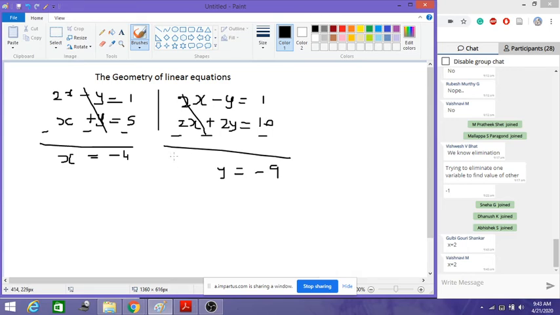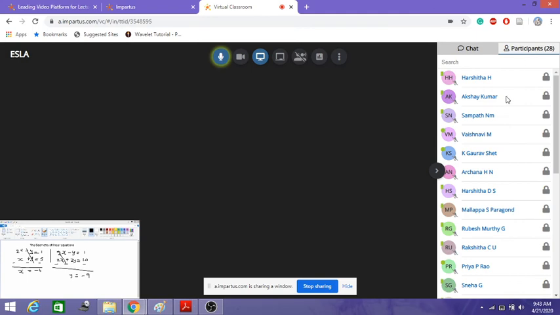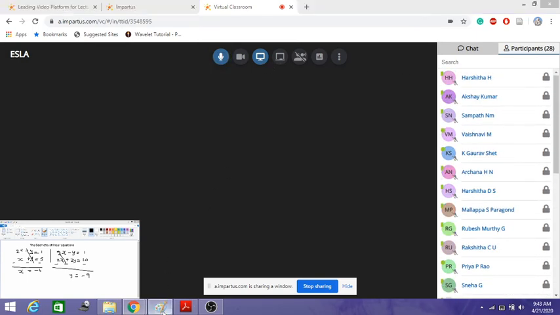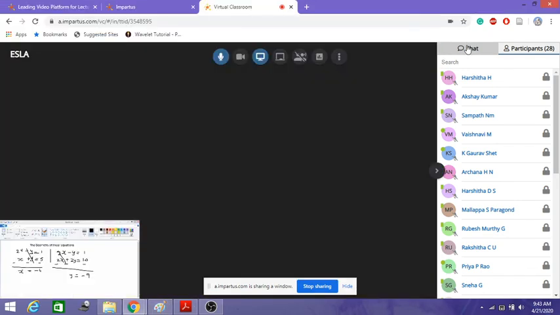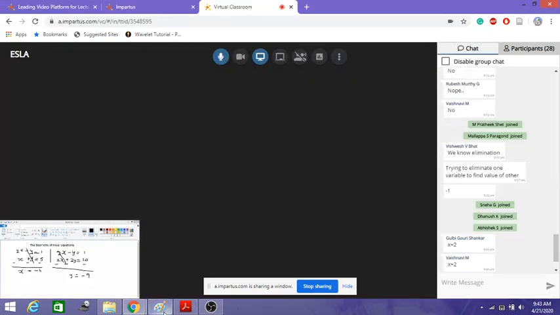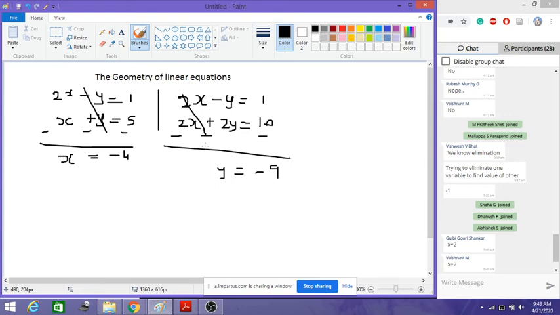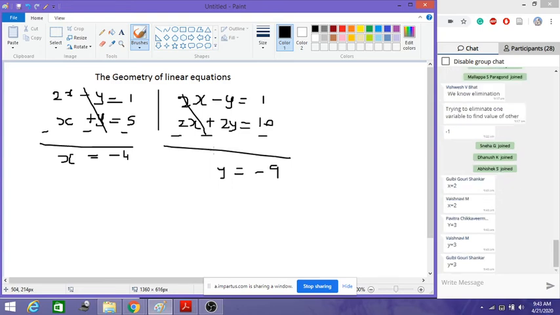How is that? And y is equal to 3. Exactly. I just want to know how you get x equal to 2 and y equal to 3, because when I'm trying to do this, I'm getting x equal to minus 4.